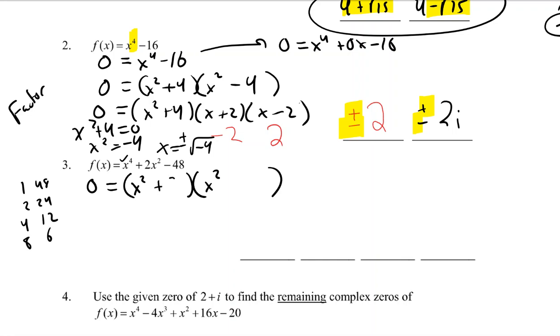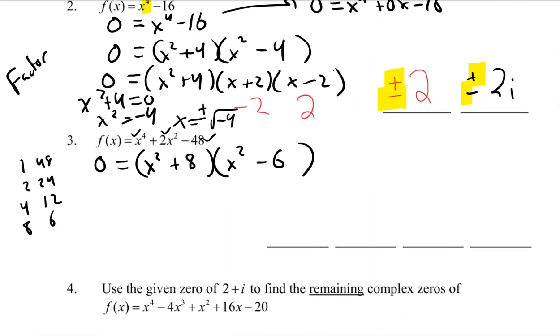We can do a plus 8 and a minus 6. That makes the last part of FOIL negative 48. If you compare the outer part of FOIL with the inner part of FOIL, those combine to be plus 2x squared. So again, I'm using guess and check there on the test. If you couldn't figure it out with guess and check, just make sure that you can do product sum or some other method.